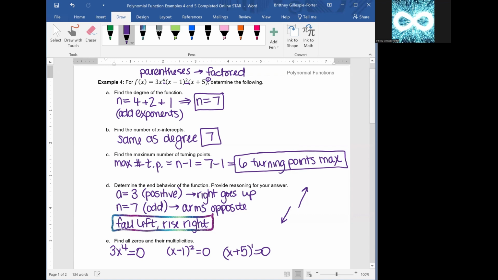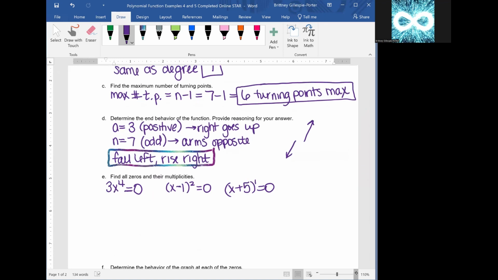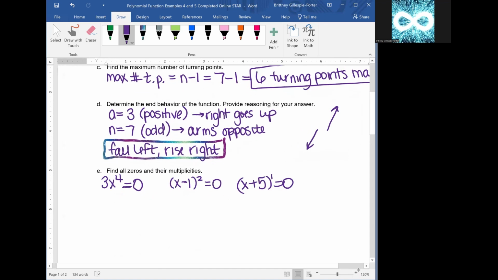You don't have to write to the first, but you can. If we're solving our first equation, we would divide by 3. 0 divided by 3 is 0. And if we take the fourth root of both sides to get x by itself, we find out that x is 0.